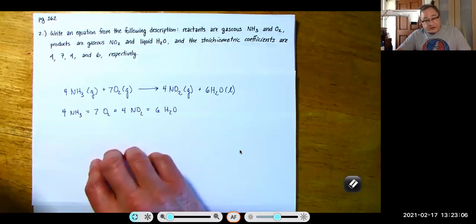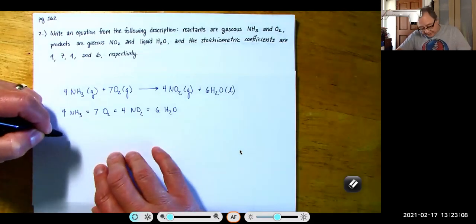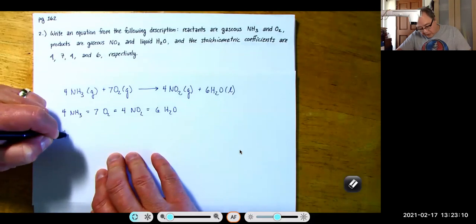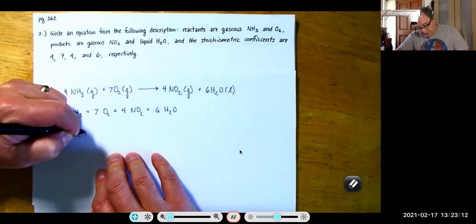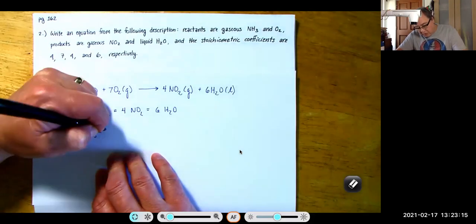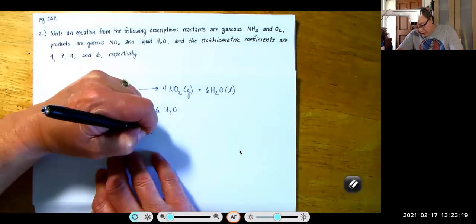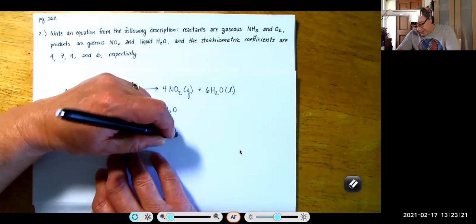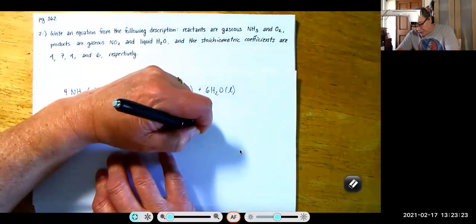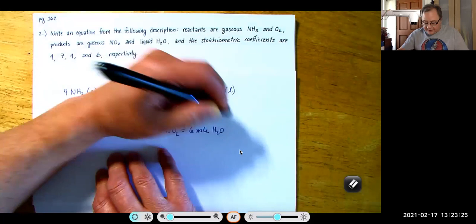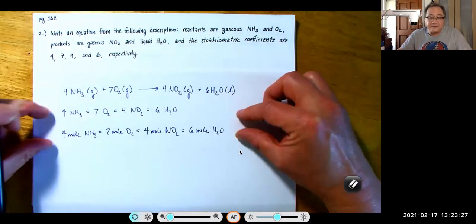Another way to think about this, though, and it's more important for us, is 4 mole of NH3 is equal to 7 mole of O2 is equal to 4 mole of NO2 is equal to 6 mole of H2O. So these coefficients mean both things.